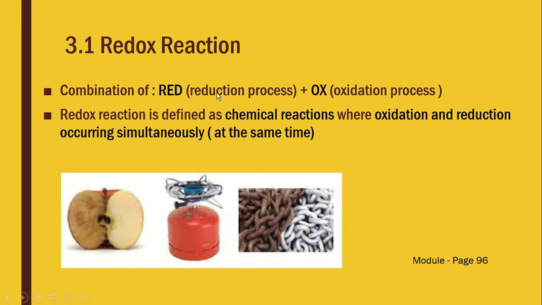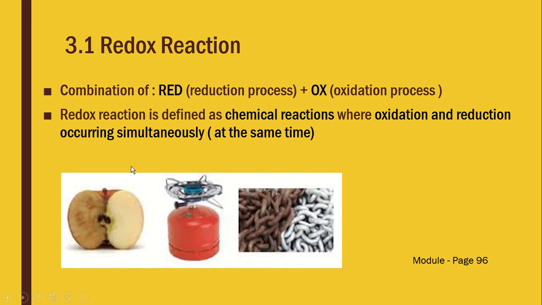The definition for the redox reaction is the chemical reaction where oxidation and reduction occur simultaneously, or in other words at the same time. If you cannot spell simultaneously, you can write at the same time, the same meaning.